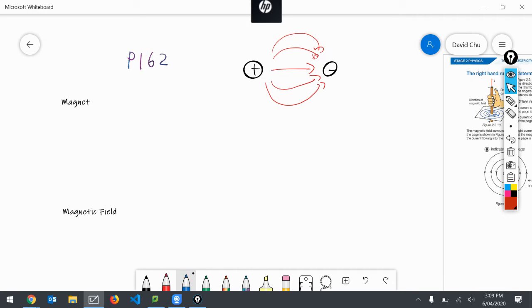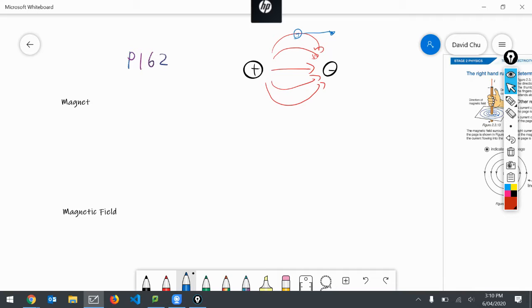As a recap, field lines mean that at any point, a small positive unit charge is going to experience a force in the tangential direction. If there's a little charge in between that doesn't affect its surroundings, it's going to have a force pushing in that direction. All right, so now magnet.